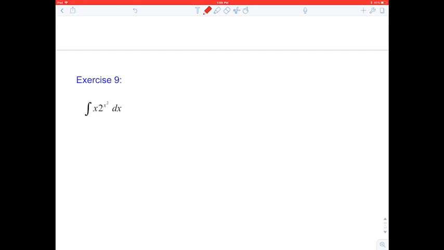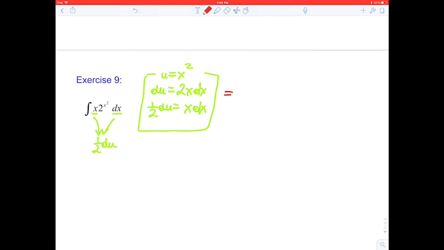Integral of x times 2 to the x squared. The same thing. We can see the inner function x squared works perfectly for the u substitution. du will be 2x dx. We have x dx, we don't have 2. That means I will solve this equation for x dx. x dx is simply 1/2 du. So 1/2 du and then 2 to the power of u.